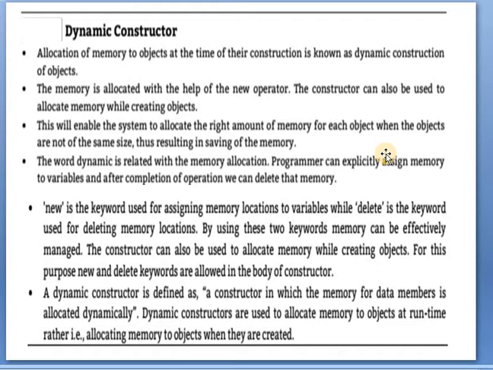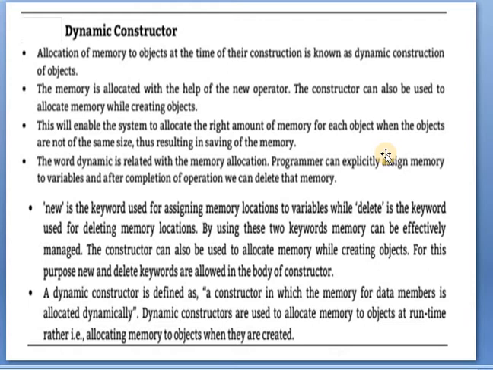So what is the advantage of this? It saves the memory. Why? Because objects have different sizes. Suppose we created one class student and it had some data members like roll number, percentage, address of the student, and we created the objects.